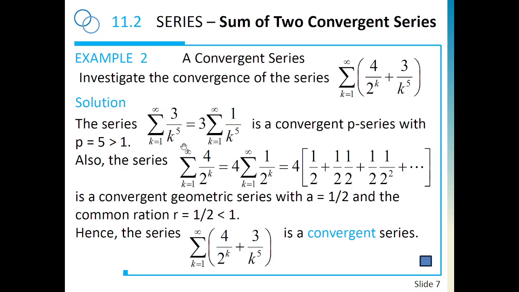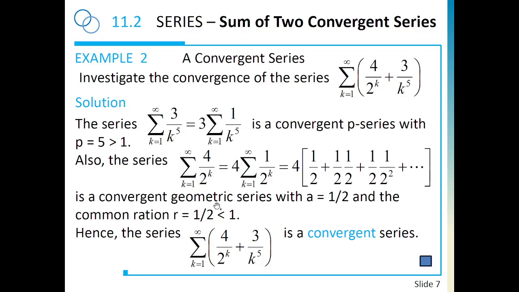So a number times a convergent series is a convergent series. No issue. Also, in the expression 4 over 2 to power k, 4 can be factored and we have 1 over 2 to power k. We already saw that this is a geometric series. If we write it out a little bit, we recognize that a is 1 over 2 and the ratio is also 1 over 2, which is smaller than 1 in absolute value.